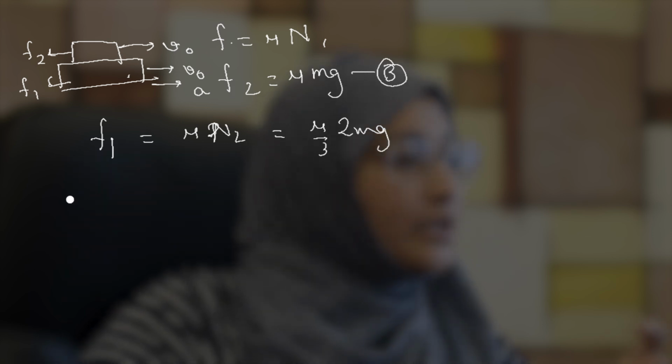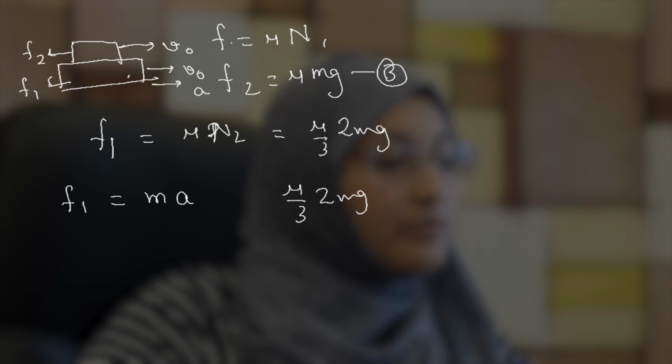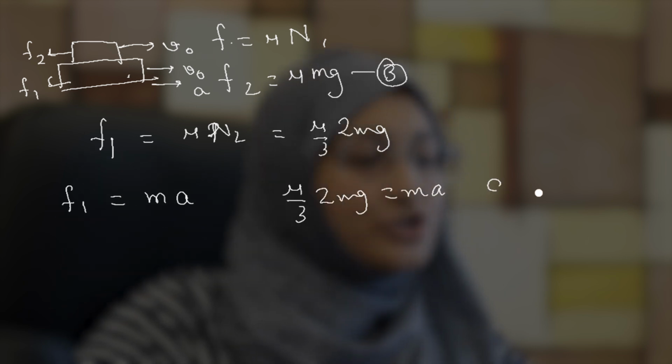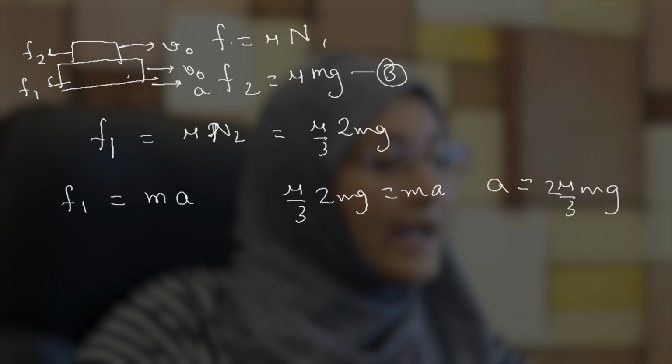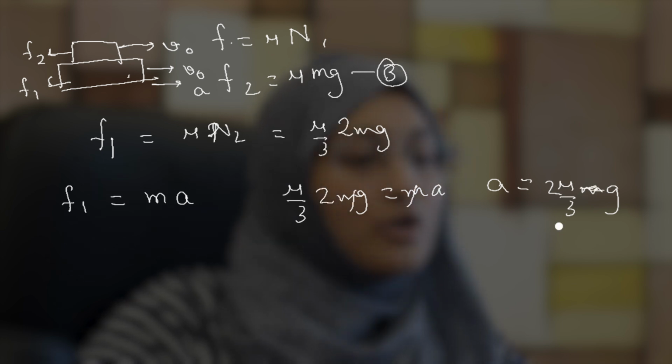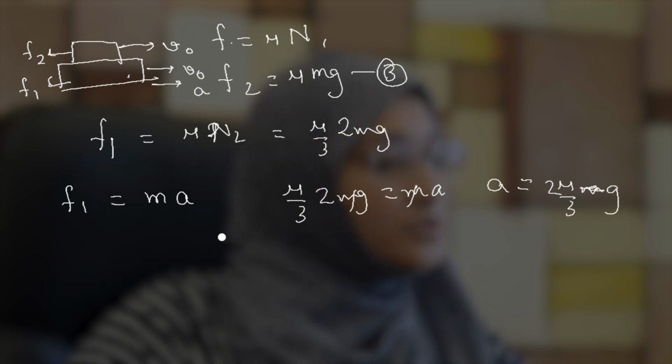The equation for the larger block will be F1 is equal to mass into acceleration for that block. F1 we already calculated as mu by 3 into 2mg, which is equal to mass into acceleration. So the acceleration for both the blocks will be equal to 2 mu by 3 mg, with m cancelling out on both sides, so 2 mu by 3 g.